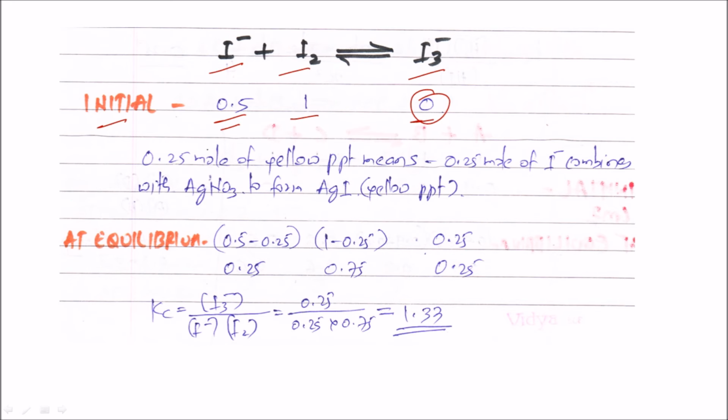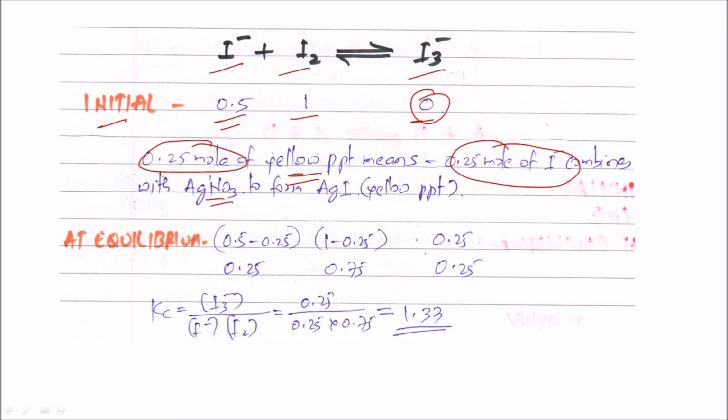Now just see how many moles of precipitate they said: 0.25 moles of yellow precipitate forms. If we take 0.25 mole of yellow precipitate, it is nothing but 0.25 mole of I minus combining with AgNO3. You know the ratio? If we take AgI, the ratio of I minus and Ag plus should be 1:1, right?